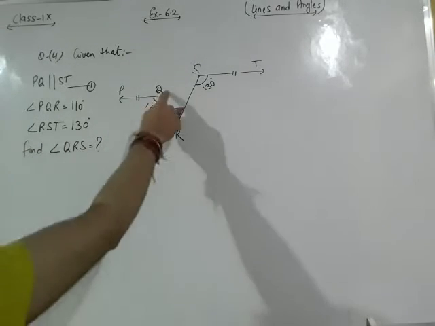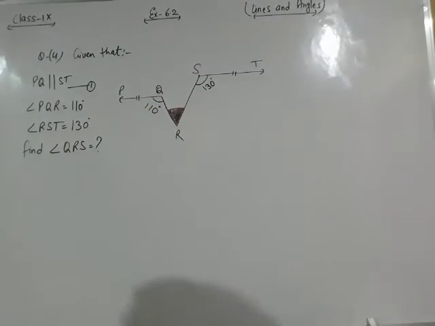So what can we do to find the value of angle QRS? We have to generate a connection between those three angles, so that we can find the value of angle QRS. And how can we do this?